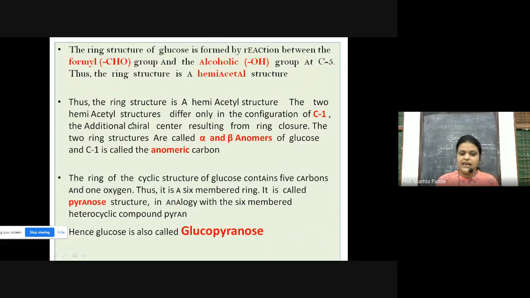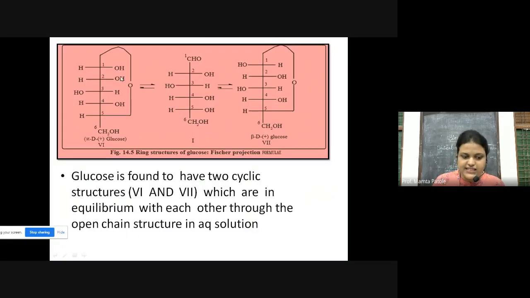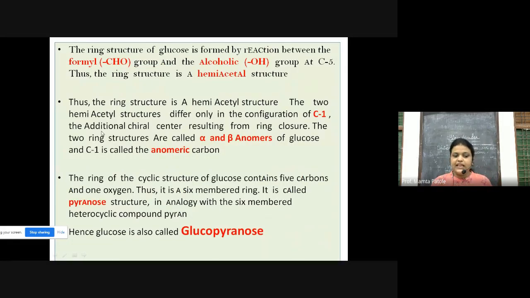The two hemiacetal structures differ only in the configuration of C1. See students, there is just a difference in carbon number 1. In alpha D glucose, the OH is towards the right. In beta D glucose, the OH is on the left. So the difference is just in carbon number 1, the additional chiral center resulting from ring closure.